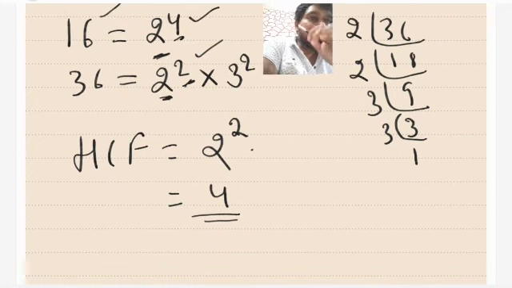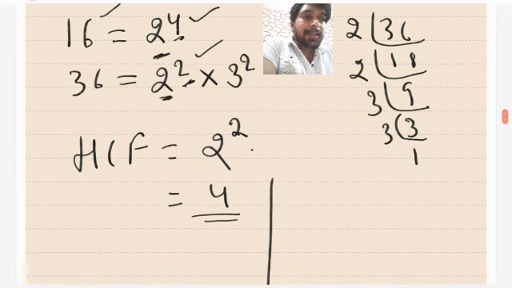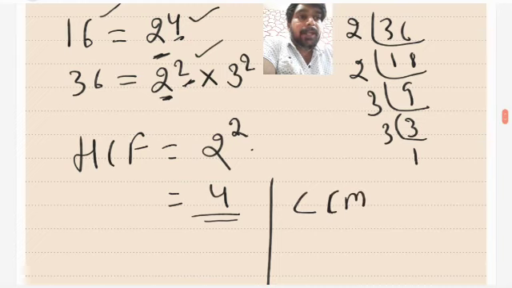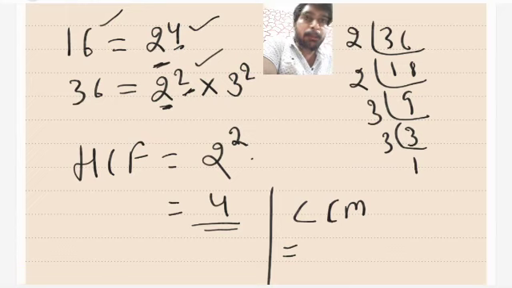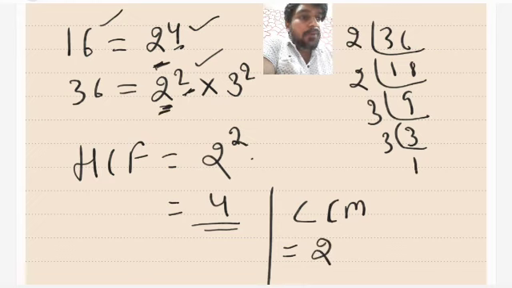Is it clear? I hope this is clear to you guys. So how to find out the LCM? Now in LCM, what you are going to do is take all the common factors with their highest power, and multiply it with the remaining prime factors with whatever power they are having, right? So here the common prime factor is 2, but we now have to take 2 with the highest power.